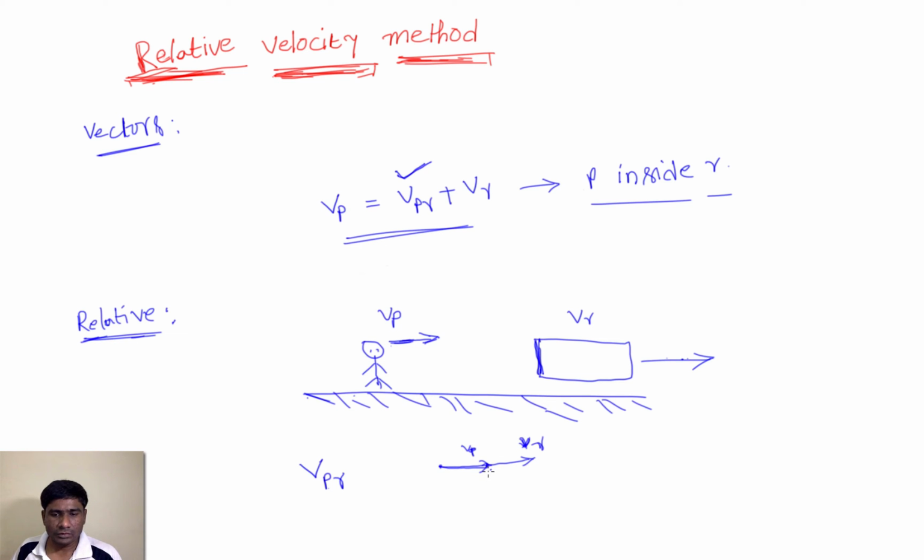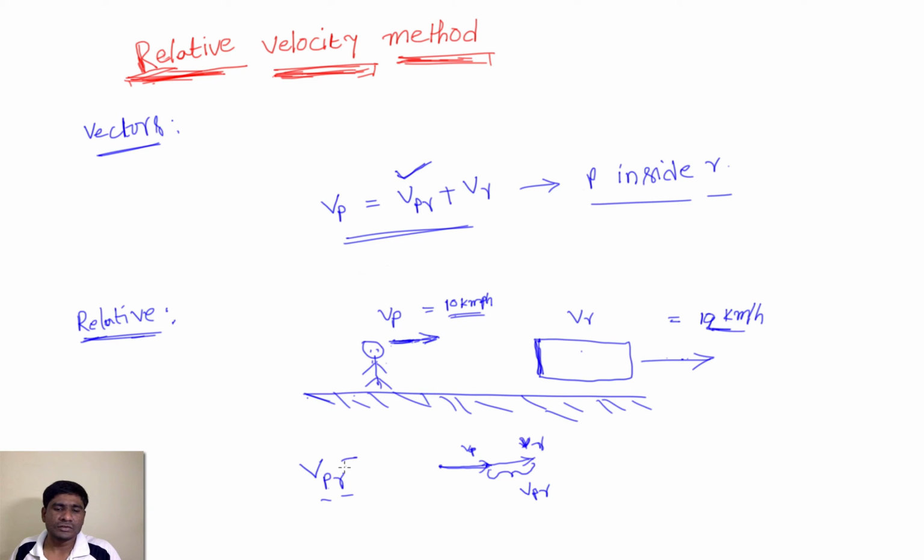So this component will give Vpr. Assume that both these objects are moving at the same velocity. Then what is the velocity of this Vp with respect to Vr? It's 0. Relative velocity of the Vp and Vr is 0, because for all the instances you feel like both are not moving, because the distance is always the same, because they both are moving at the same speed.